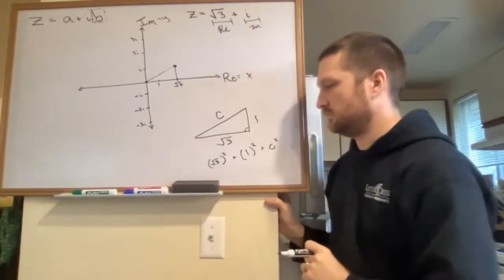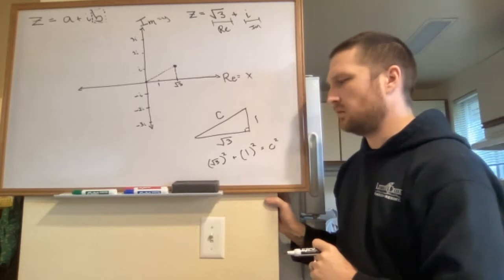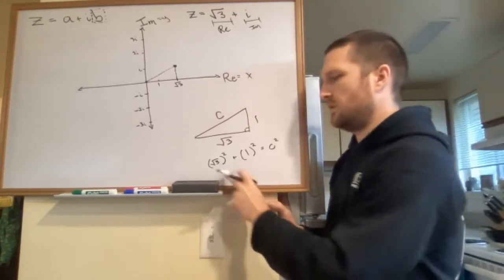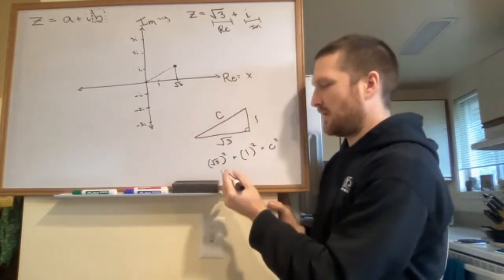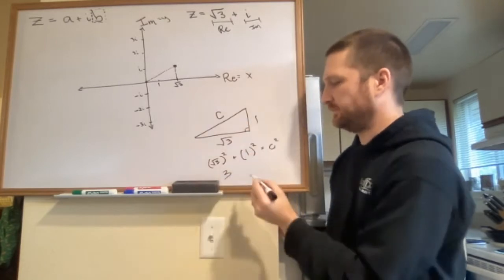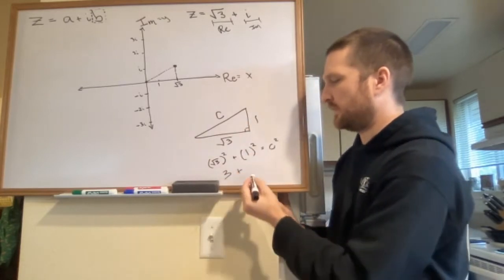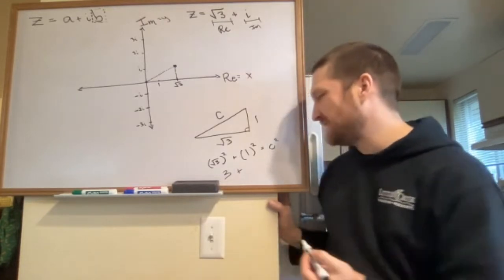Isn't it just going to be the square root of 3 squared, which is just 3, plus that guy squared, 1?